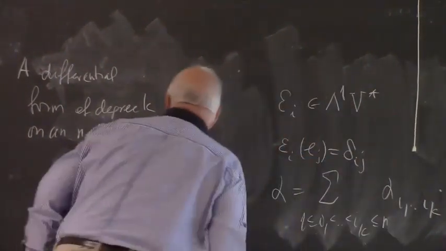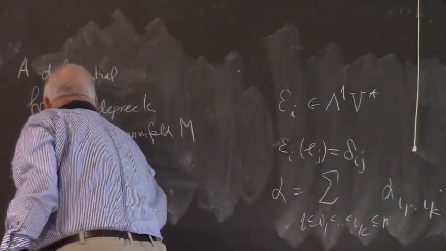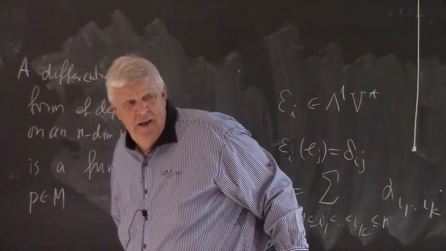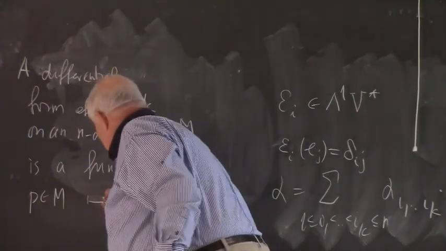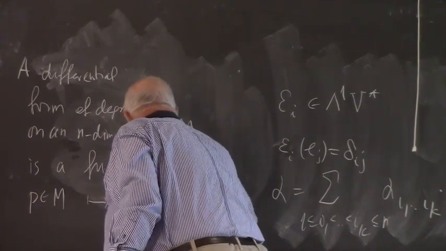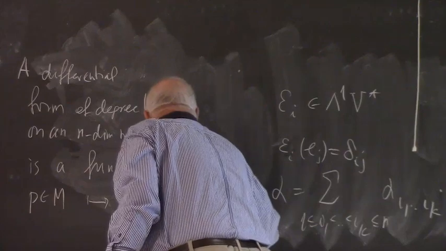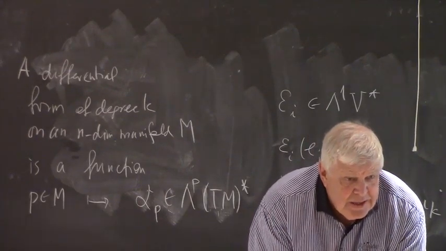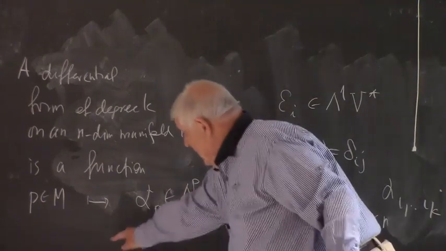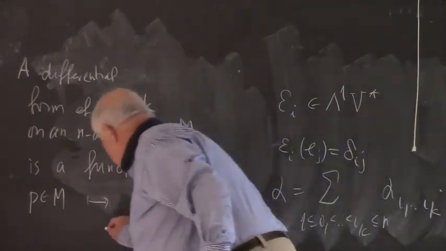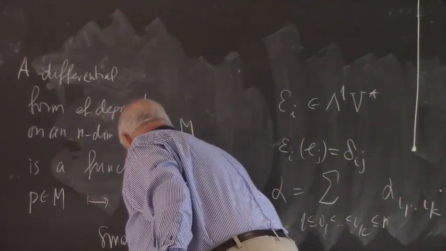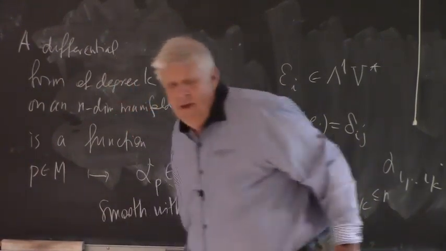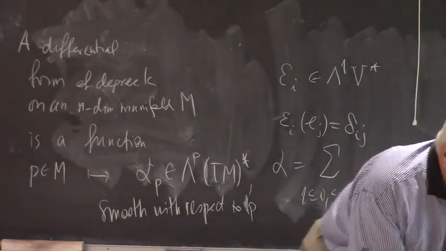And it is a function which assigns to a point P in M an exterior k-form on the tangent space, and then I write the bottom line: this alpha_p should depend in a smooth way on P.